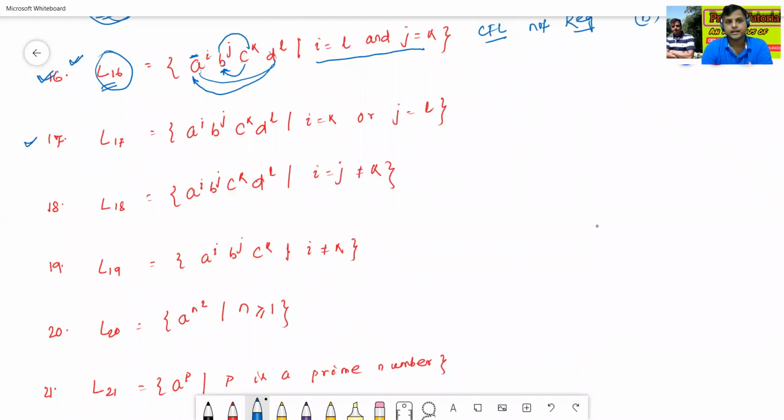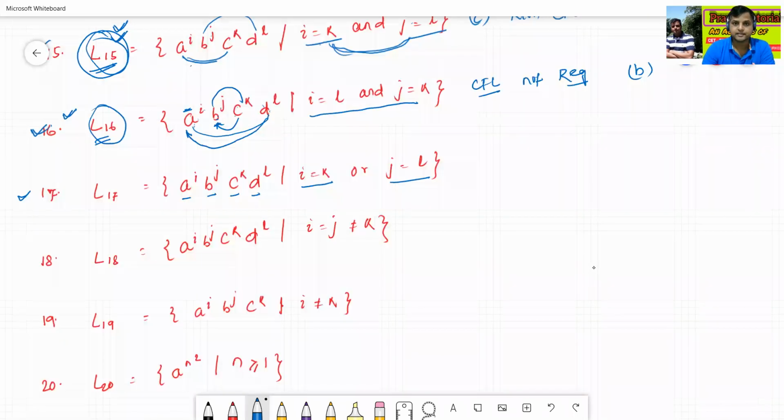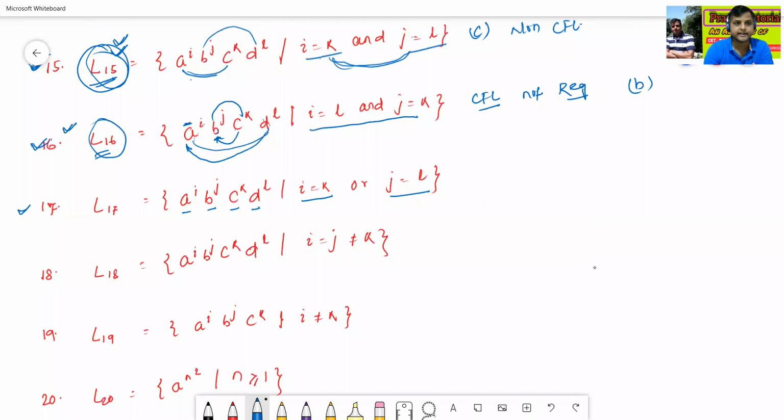Seventeenth: A to the power I, B to the power J, C to the power K, D to the power L, where the condition is I equals K and J equals L. Just look at questions 15 and 17. What is the difference?